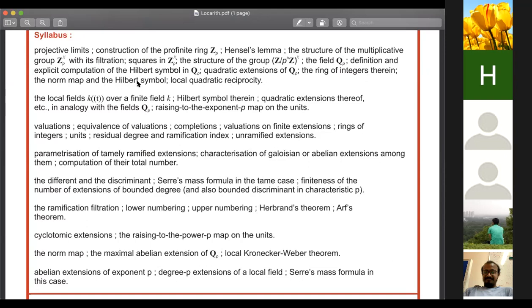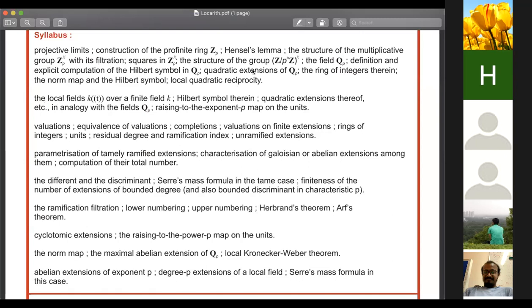The Hilbert symbol encodes the action of the Galois group of the maximal quadratic extension of this field Q_p. And there's something called local quadratic reciprocity, which we will prove. And that gives you a sort of complete understanding of the quadratic extensions of these fields Q_p. Okay. So that's the first thing.